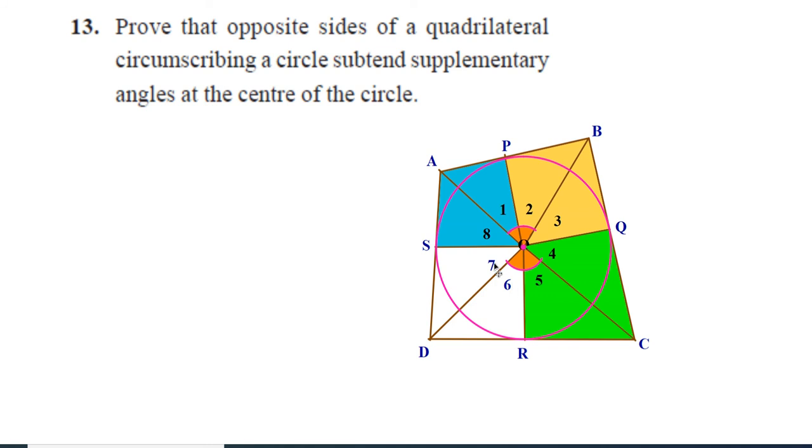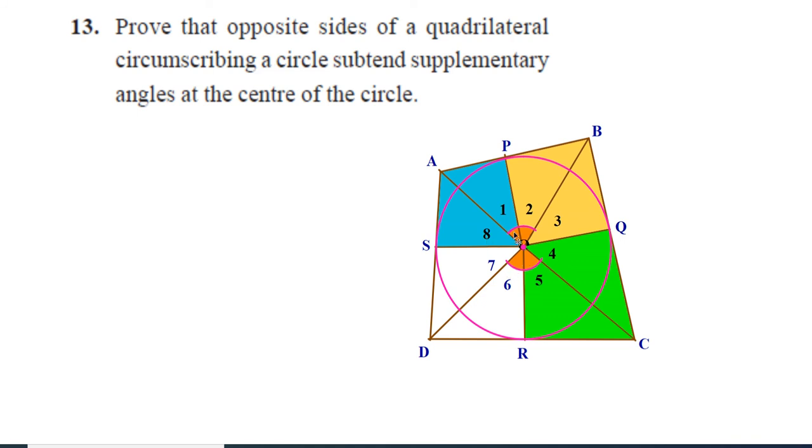So you will get 2 angle 1 plus 2 angle 2 plus 2 angle 5 plus 2 angle 6 is equal to 360 degrees.